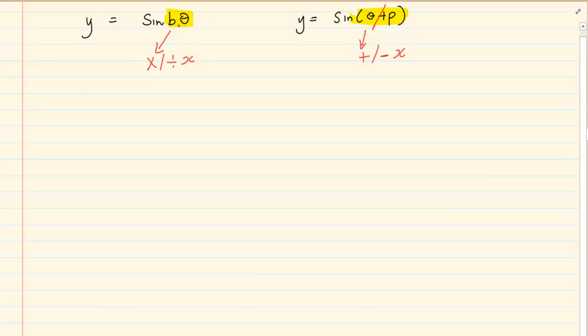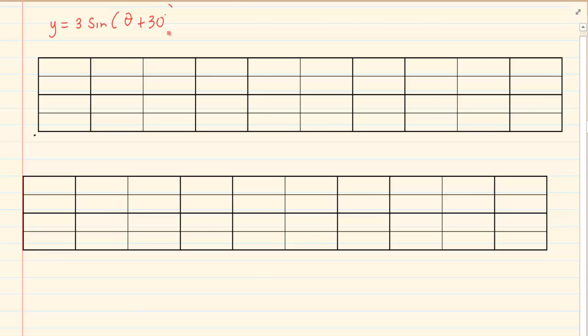If I give you an equation, let's say y is equal to 3 sin theta plus 30. From your grade 10 work, you would know that the 3 in front affects your y, and what it does with your y, it multiplies it by 3.